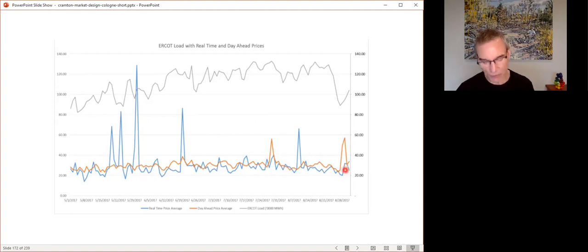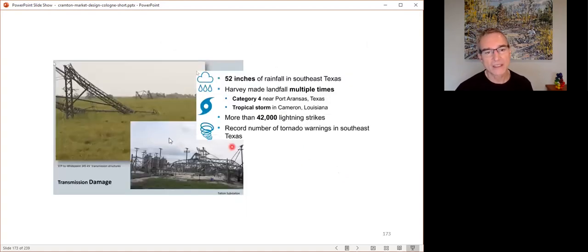Things worked out pretty well, despite the fact that there were hundreds of miles of transmission lines that were down. There were lots of substations underwater. The system just kept revising what the system looked like and sending out the right price signals to every node and inducing behavior so that the market just worked flawlessly through this whole chaotic event.